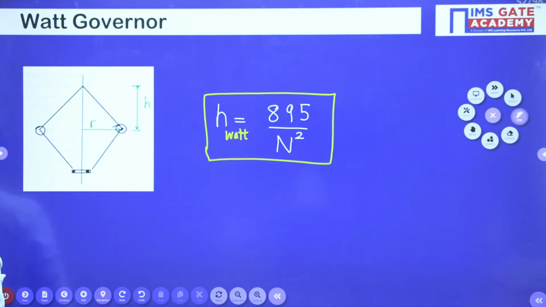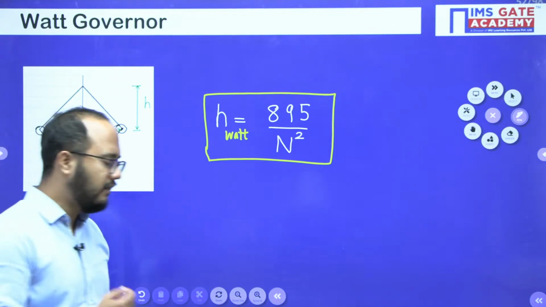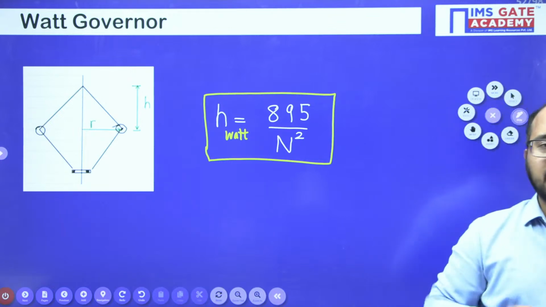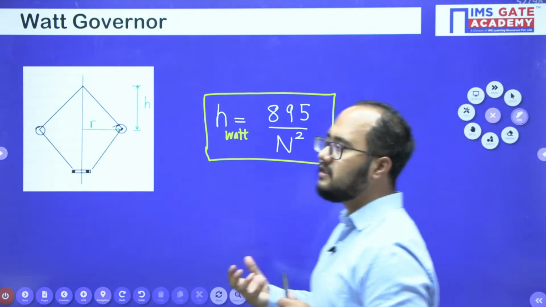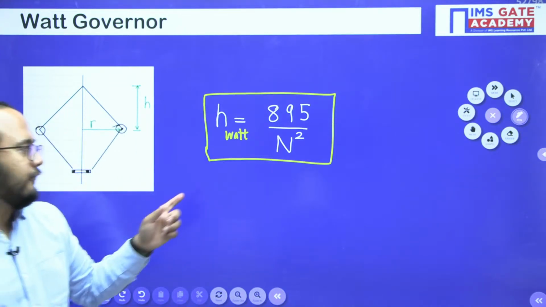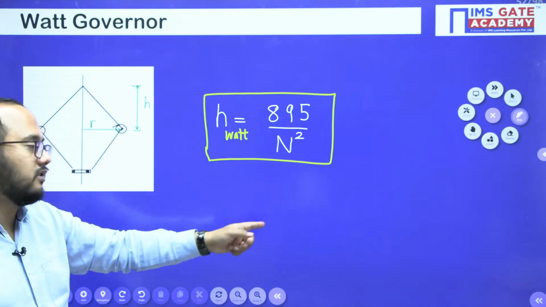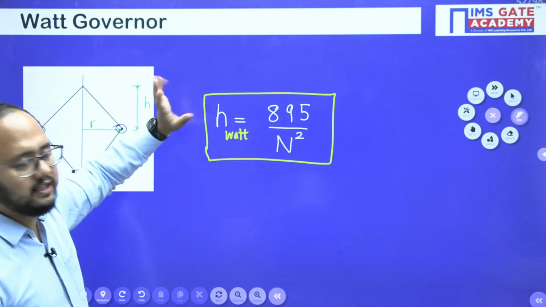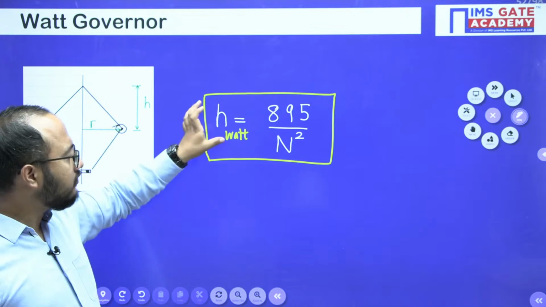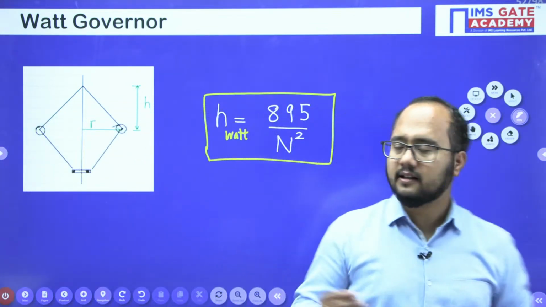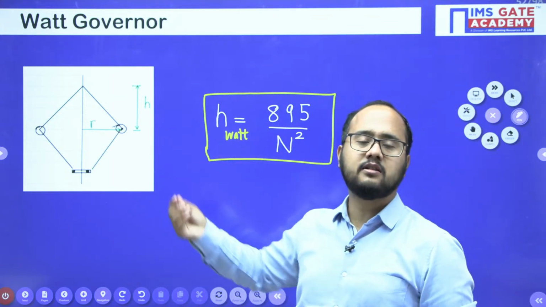Clear? And actually you should understand one more important point here, why we are not using this Watt governor. Because see what will happen, as the speed of rotation increases, if you put the value, you can check yourself also, if you increase the speed of rotation, what will happen to the value of H? The H value will be very less. It becomes so less that H value becomes like 0.09 mm.